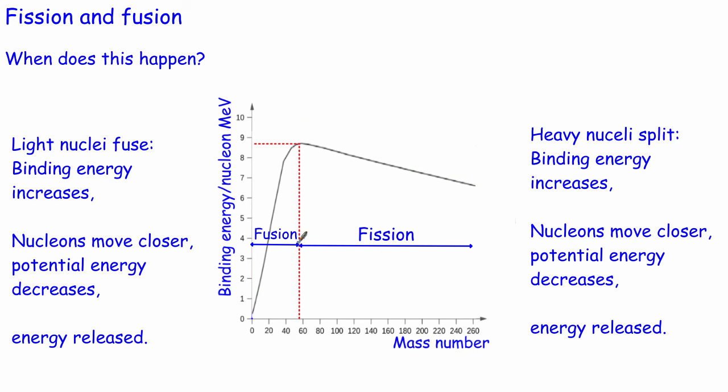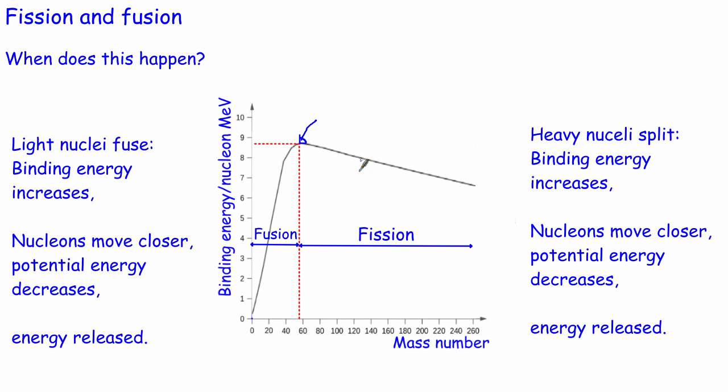Now, because we know that this thing here is the most stable, this thing here has got the highest binding energy per nucleon. If we take two small nuclei and we join them together, then the binding energy of the resultant nucleus increases. And if the binding energy goes up, what's basically happened is that means the nucleons have moved closer, so the potential energy has gone down and we get energy out.